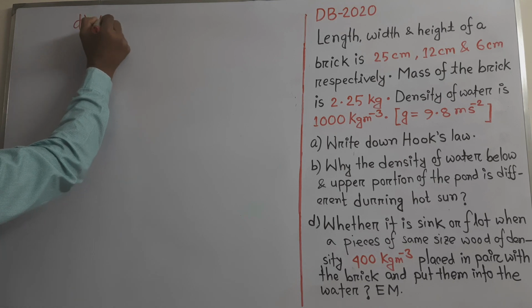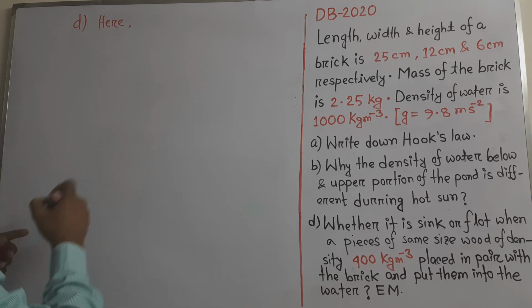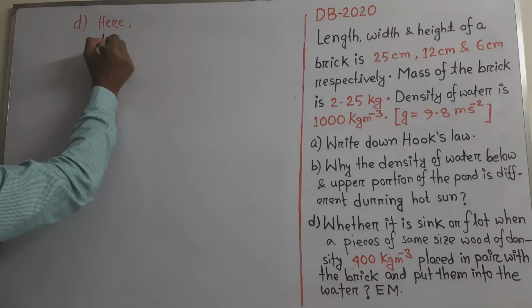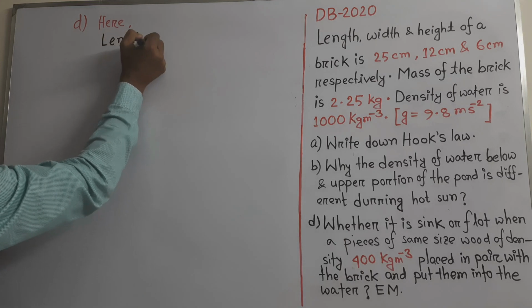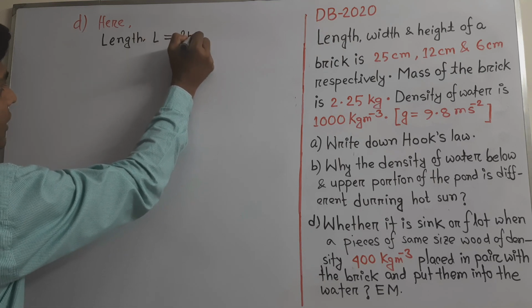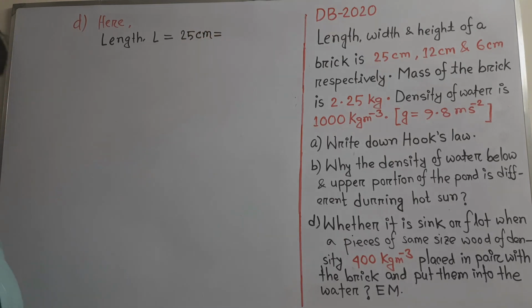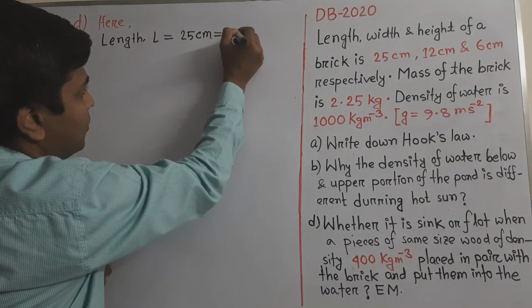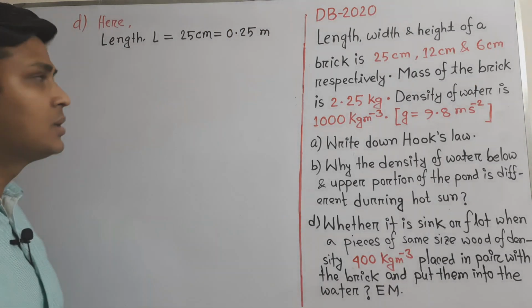First, I will write the given information. Length L is given here 25 centimeter, and 25 centimeter equals 0.25 meter.